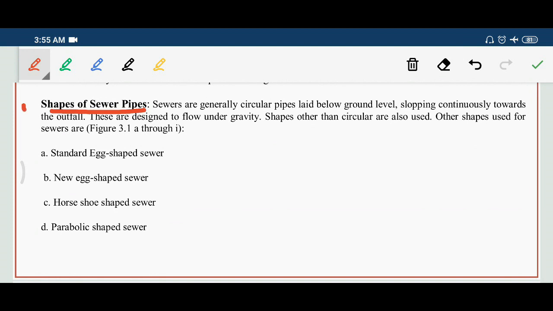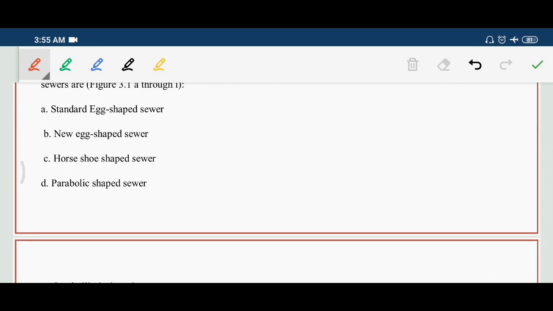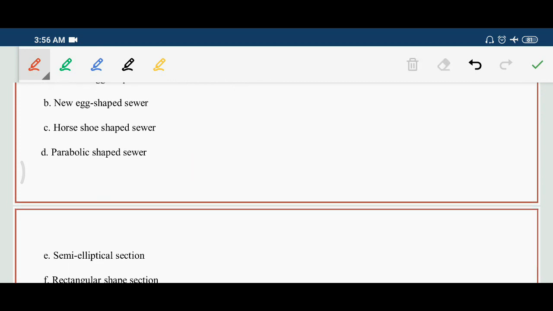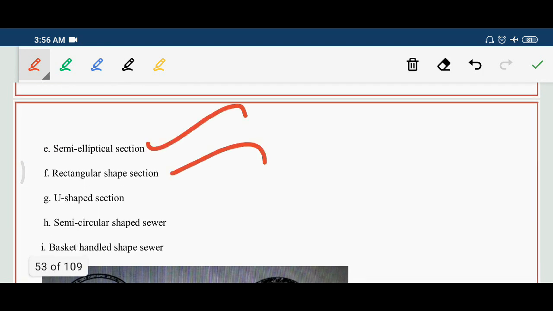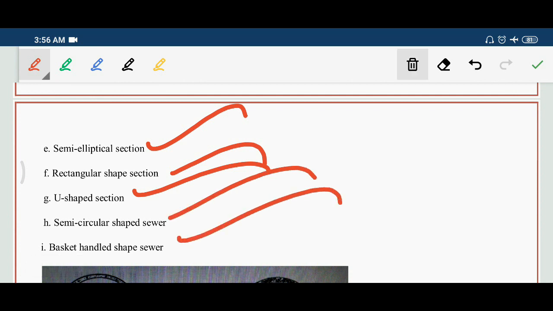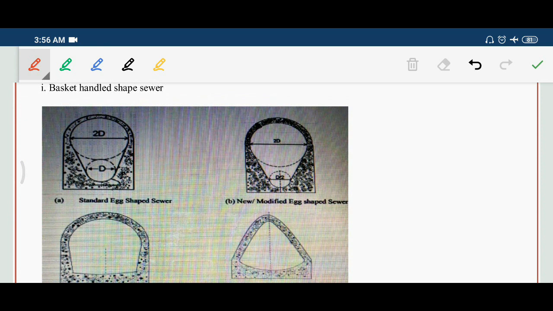Next we have shapes of sewer pipes. It is very important. First one is standard egg shape, new egg shape, horseshoe shape, parabolic shape, semi-elliptical, rectangular, U-shape, semi-circular, basket handle shape, etc. You can see here, this is the standard egg shaped sewer.